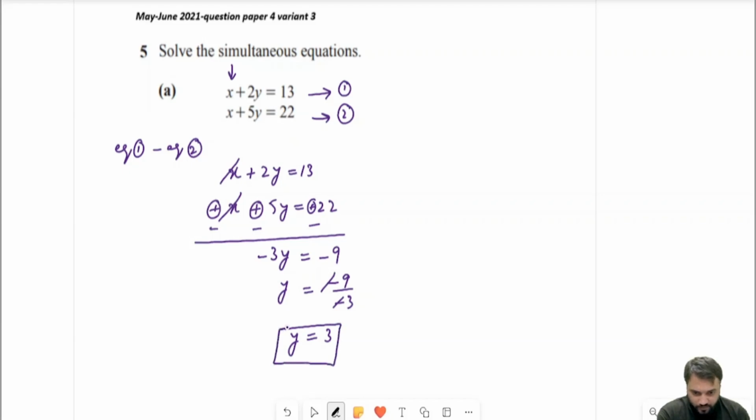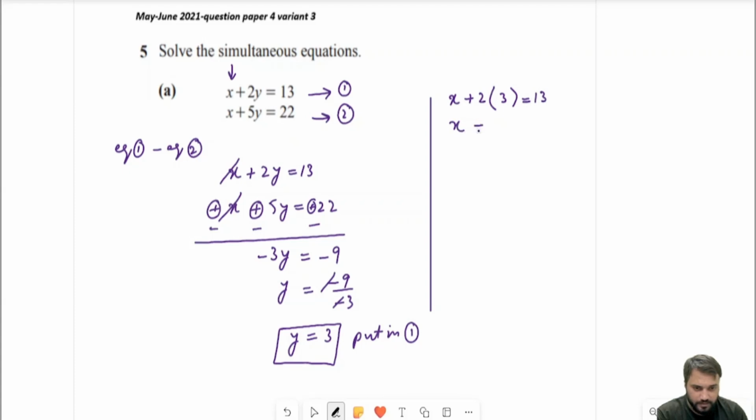We need to find the other variable's value, that is x. Put it in equation 1. x + 2 times the value of y, which is 3, is equal to 13.